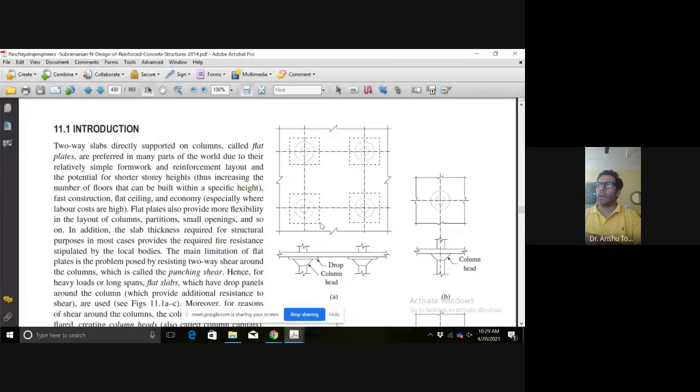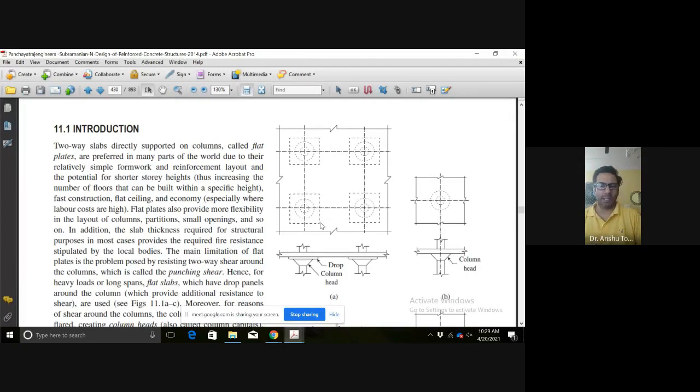The beams have quite a large depth. That is why they behave quite well in flexure, and all the load is being transferred through that flexure only.